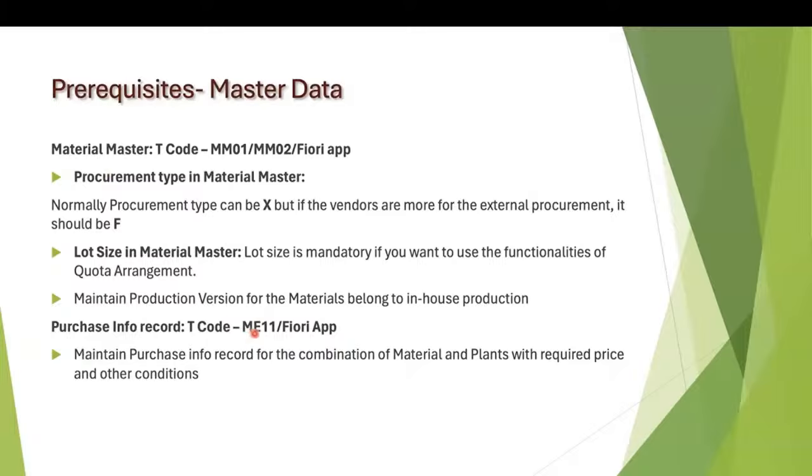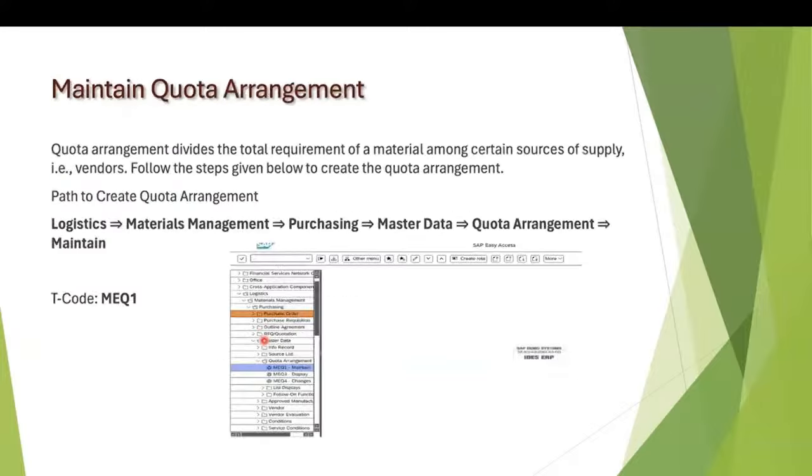Then the info record needs to be maintained, because the info record will give the price and all the information. The info record needs to be maintained to have the proper quota, because your quota arrangement is top priority. When maintaining that, the info record needs to be maintained with a source list fixed indicator. In that way, you can understand the importance of maintaining the info record with the required price and all the combinations.